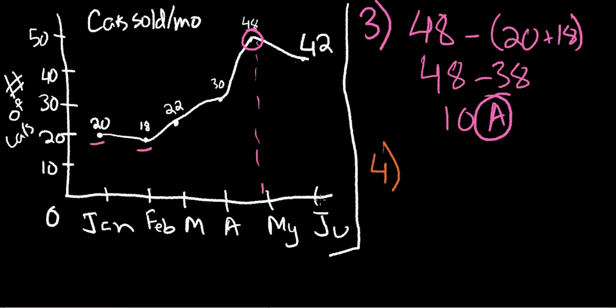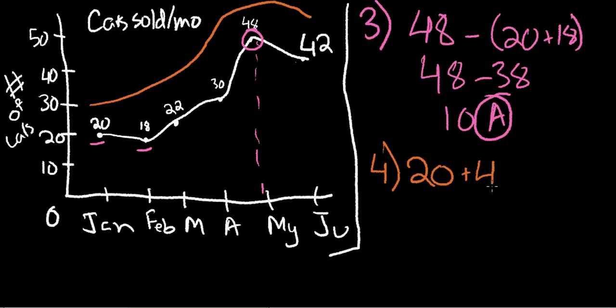So first we need to find the total of every number in this graph. It's 20 plus 18 plus 22 plus 30 plus 48 plus 42. Let's break that down into digestible numbers. 20 plus 22 plus 18 is going to be 40.